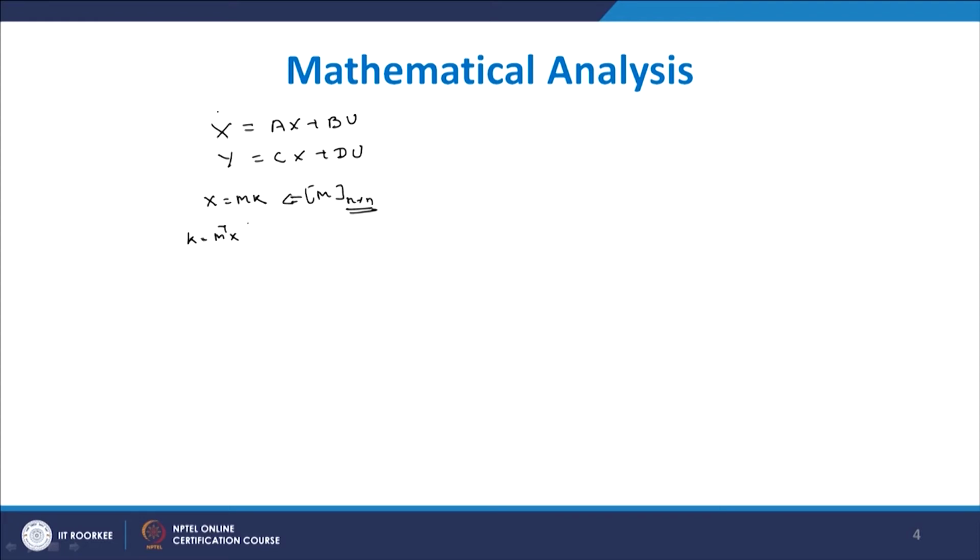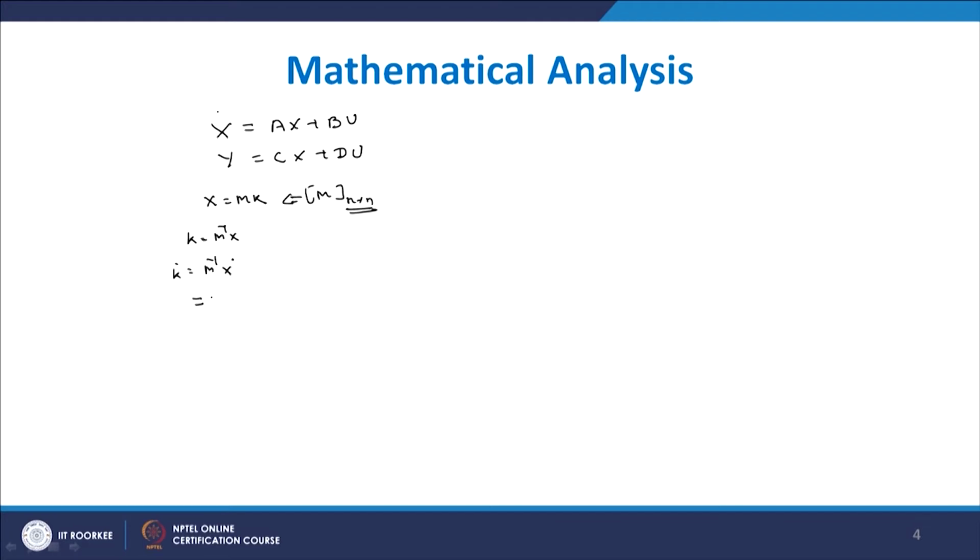What we want is the state equation in terms of k. So, we can take k dot equals M inverse x dot. Now, we can replace x dot equals Ax plus Bu in this equation.